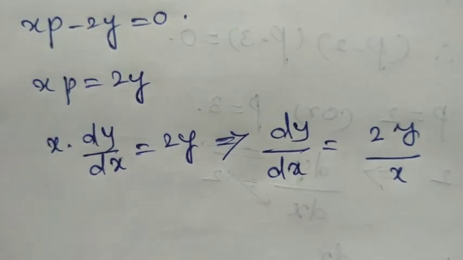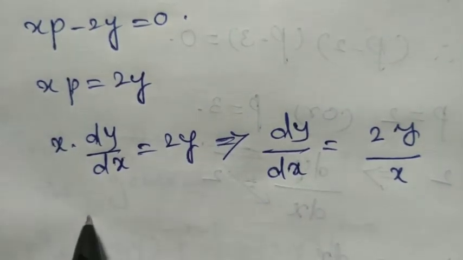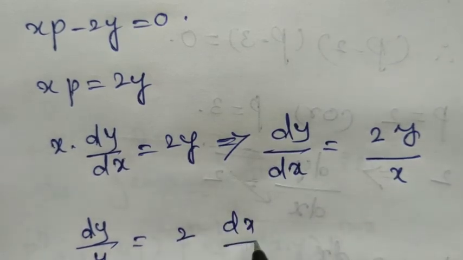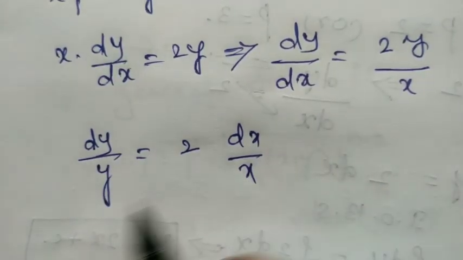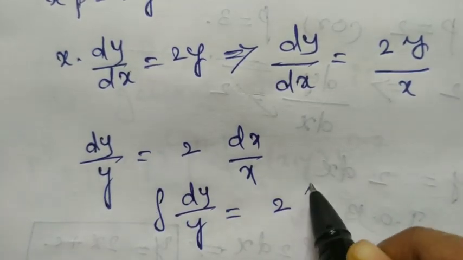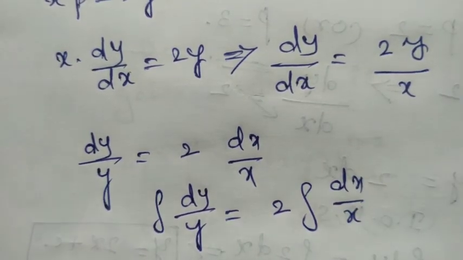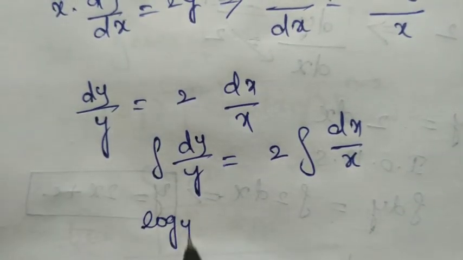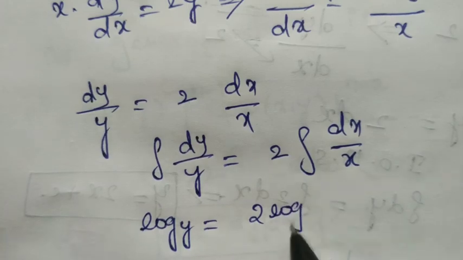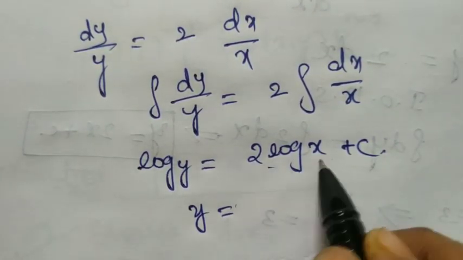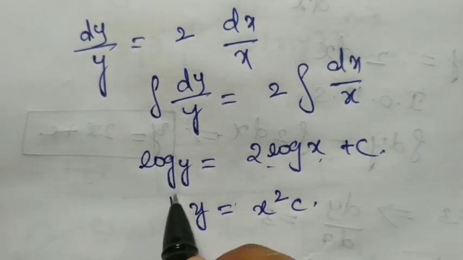Therefore dy by y equal to 2 into dx by x. Integrating on both sides, integration of dy by y equals 2 into integration of dx by x. So log y equal to 2 log x plus c, which can be written as y equal to c x square.